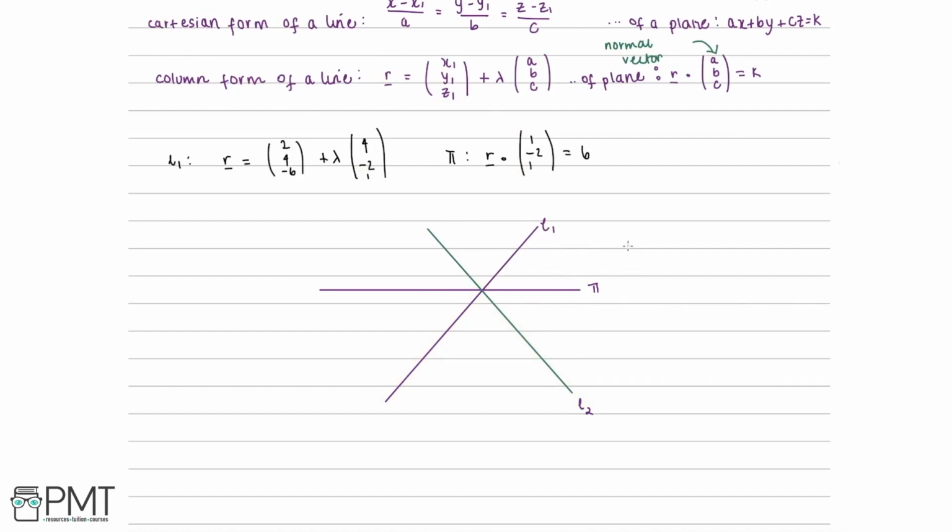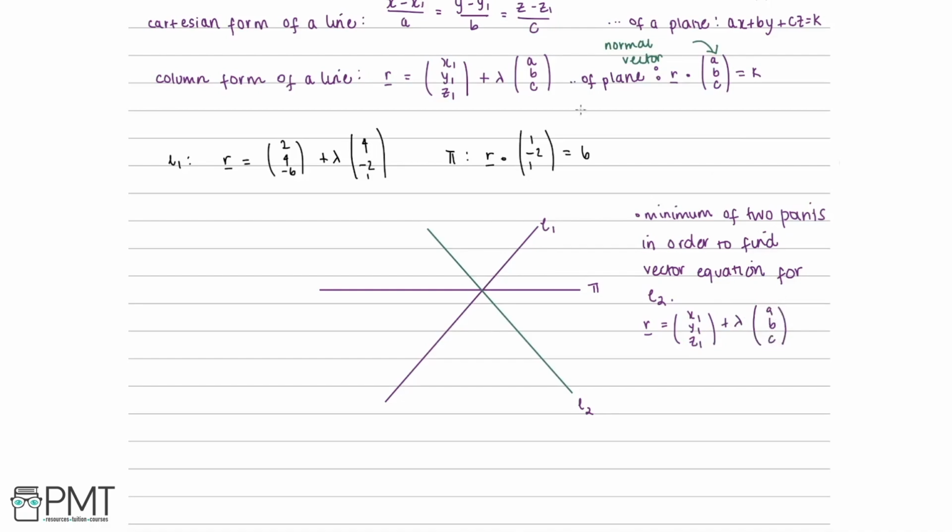Now, in order to find a vector equation of the line L2, we need 2 points on our line L2. Our column form of our line looks something like this: r is equal to (x1, y1, z1) plus lambda times (a, b, c). Here (x1, y1, z1) will just be any point on the line, so any position vector, and (a, b, c) will be a direction vector that gets us from one place to the other place on the line.